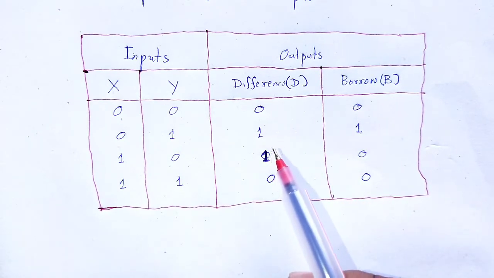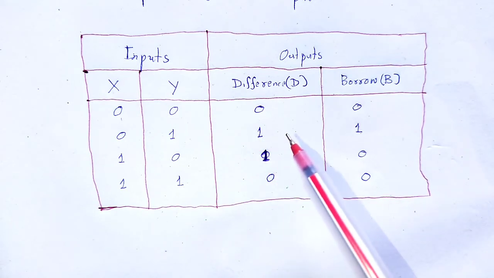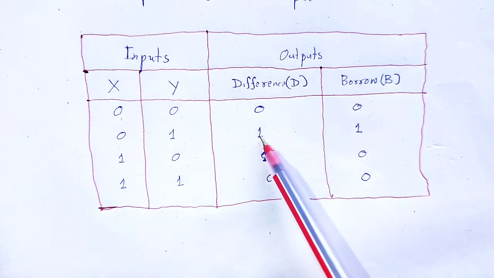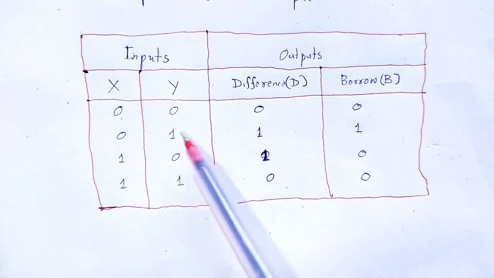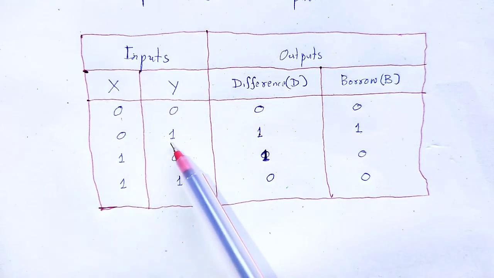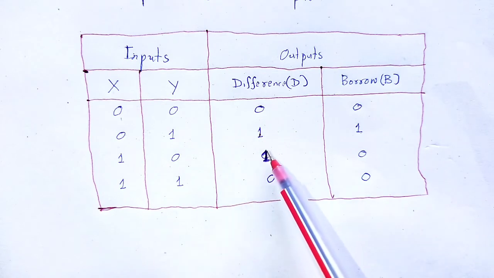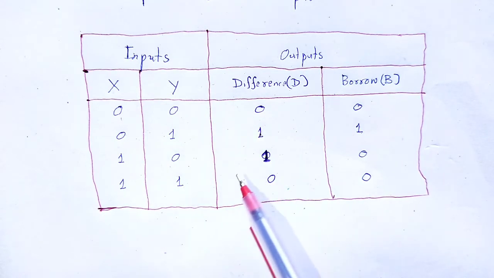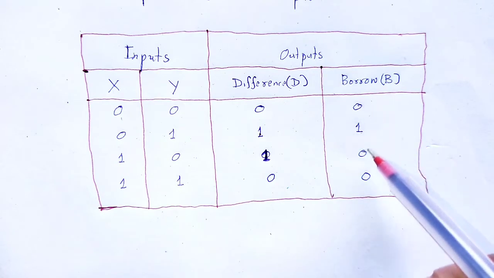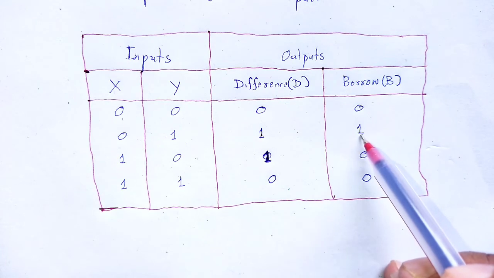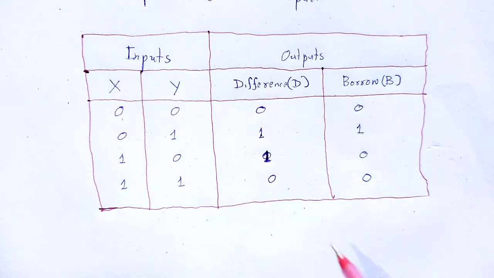We observe that under the column difference d, when either one of the inputs is 1, or we can say high, then the output is high, otherwise it will be 0. Next, in case of borrow, in that input scenario we have 1, otherwise it will be 0.